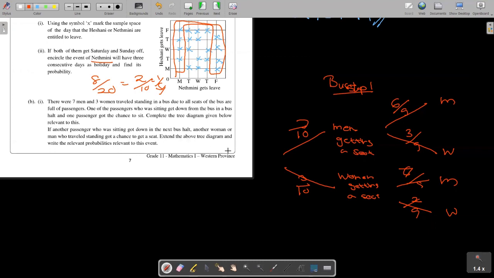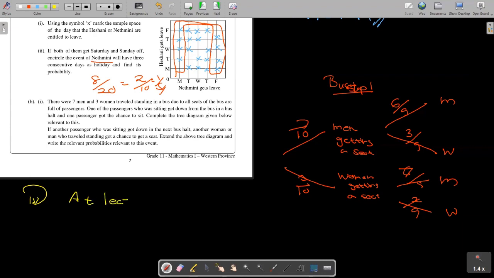Extend that and write the relevant probabilities related to this event. Right. So I have missed one part. They are asking to find the probability that at least one woman can sit.